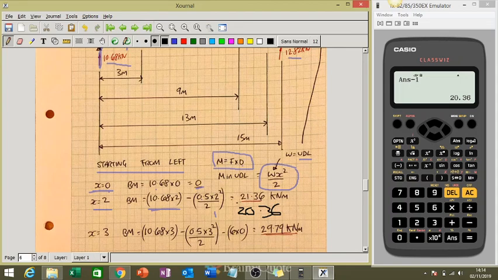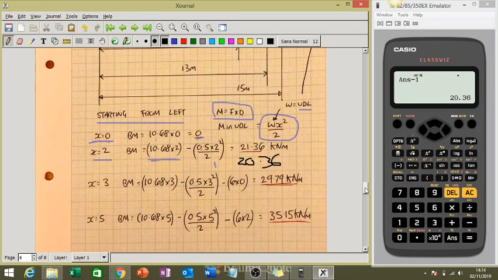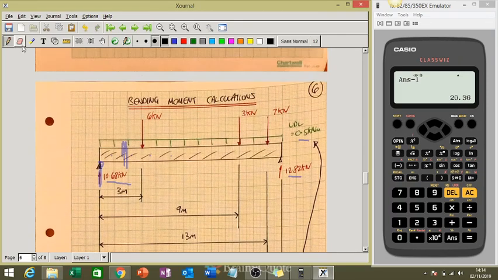Right, so that's the bending moment at that point. I've now gone to x equals 3. Let's hope I haven't made the same mistake. Always check. X equals 3 is there, look. So it's the bending moment. I've got the moment due to this force times 3. I've got the UDL, and I've got this, although because I'm right underneath it, there's no moment produced by it, so we'll ignore that.